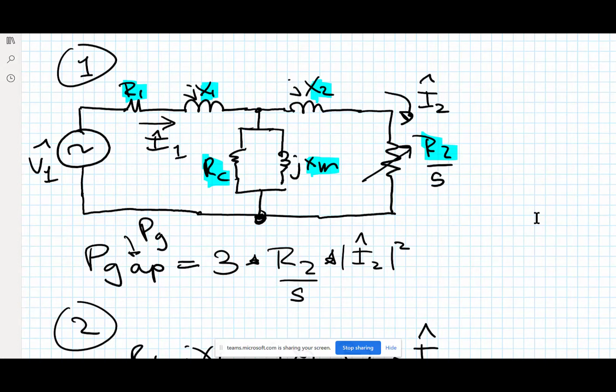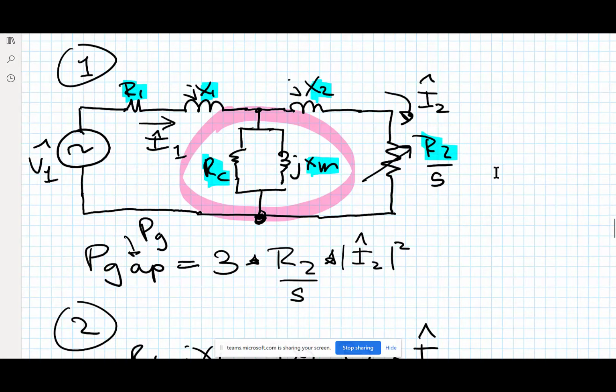Now in the induction motor, you cannot ignore these. You at least have to have one or the other in there. They both affect the operation. Like in an exam, I would probably give you one or the other. I'd say the RC is nearly infinite, or the XM is nearly infinite, and the other one I'd give you a value, but if you don't get a value, assume it's infinite.